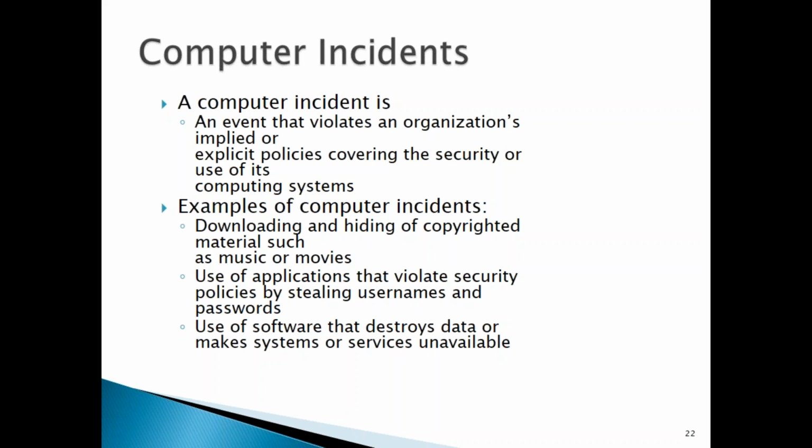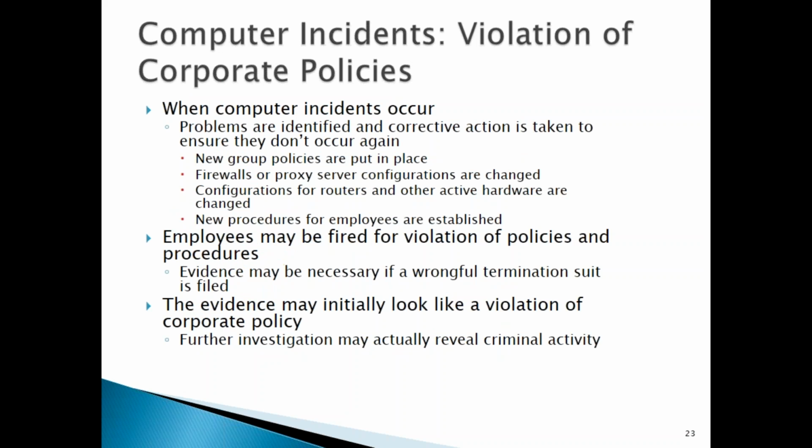And we just got some examples here, and I'm not going to cover these because they're kind of self-explanatory. Look at your security policy. Every one of you should have a security policy, and that policy should say what the user's allowed to do and not to do. And any violation of that is a violation of security policy. When it's a violation of security policy, it's an incident. If it's criminal in nature, then it's almost always an incident, okay?